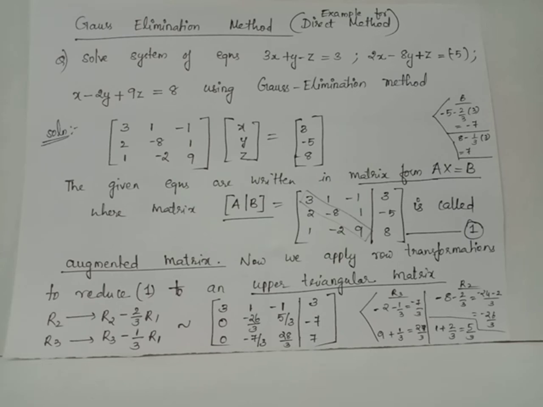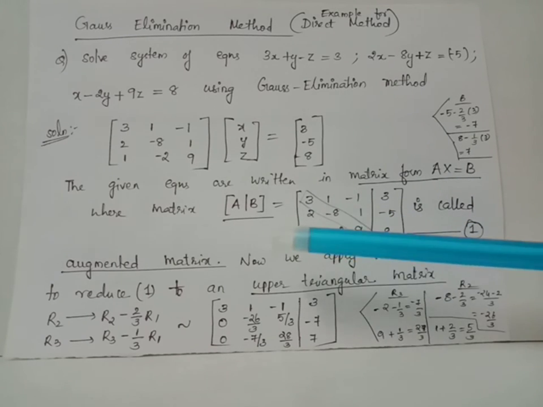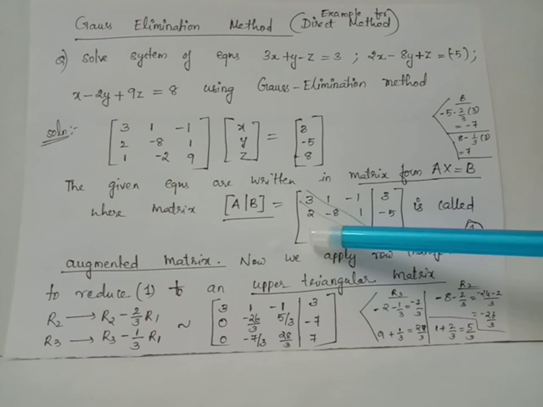Now we have made this entry 0. The next step will be to make this entry 0. For that, we can make use of the row transformation R3 changes to R3 minus 1 by 3 times R1.